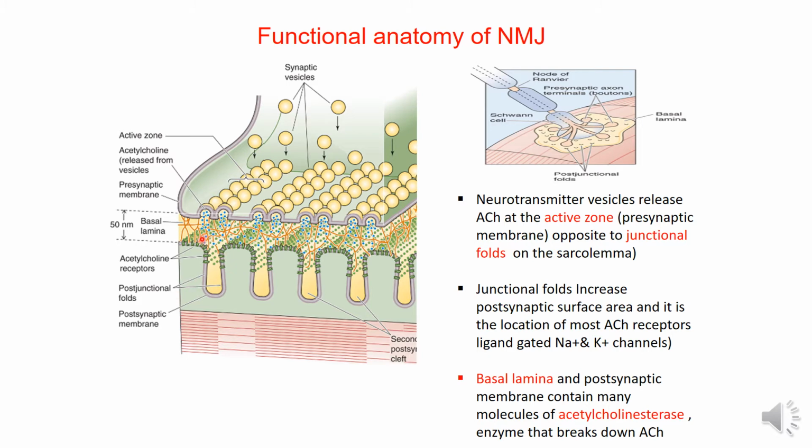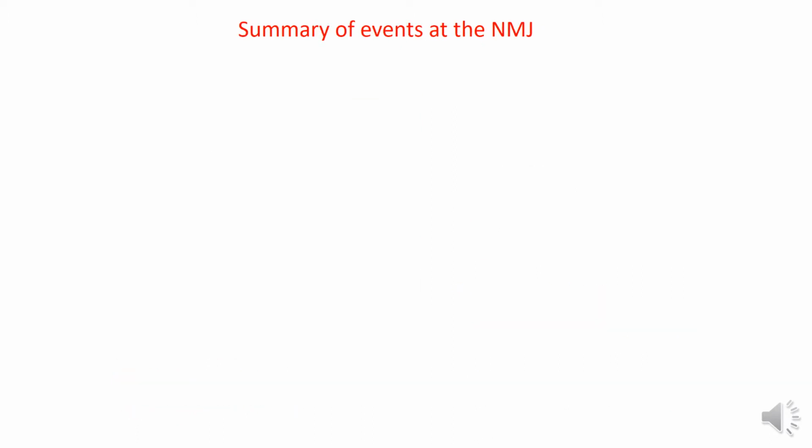Most of the choline is taken up again by the nerve terminal to be used for the resynthesis of acetylcholine. This arrangement increases the chance of acetylcholine to bind to its receptors.